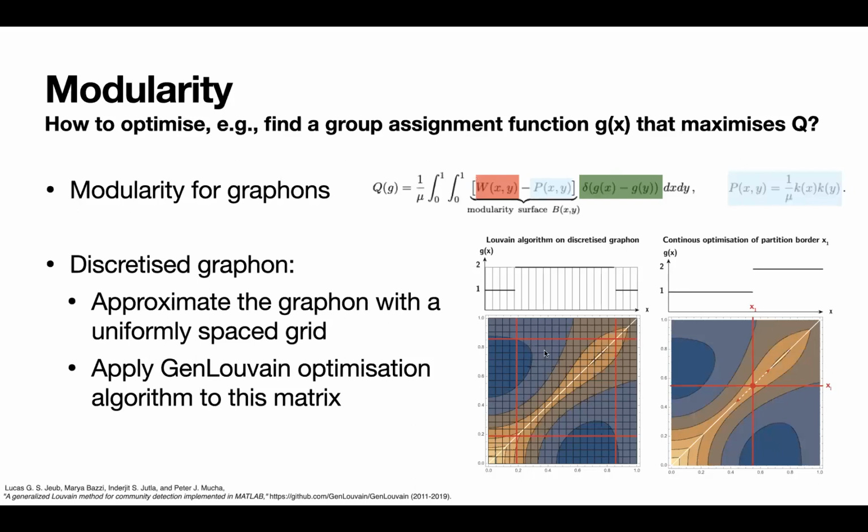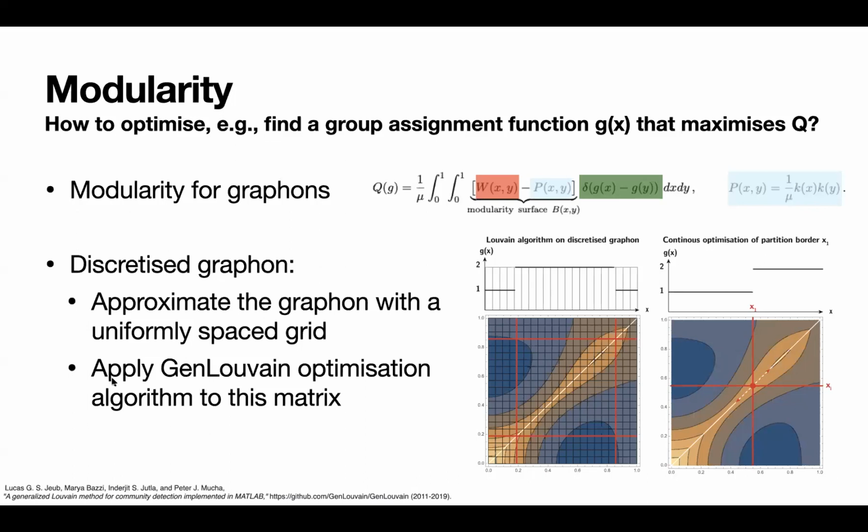The first is that we can discretize the graphon. So what this means is we have this modularity surface, which is this graphon function minus the null model. We can now just create a grid from this, and then assign each of those grid points initially a random assignment to a community.